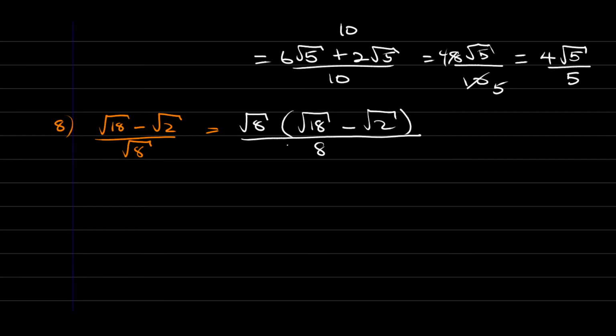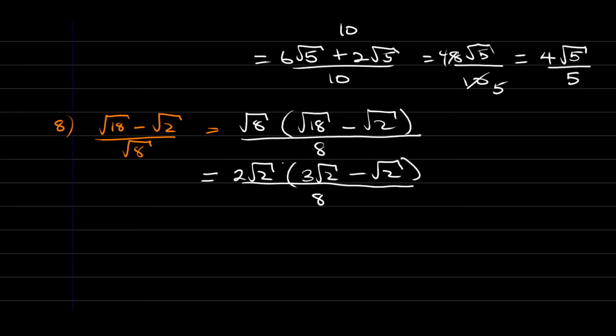Okay, let's try and see if we can simplify the top a little bit. So we have 8 and we have 18. This here is just going to be 4 by 2, so I'm going to say 2 root of 2. And then that is 9 by 2 to give me 18. Root of 9 is 3, so I'm going to say 3 root of 2. And then minus root of 2, close bracket, all over 8.